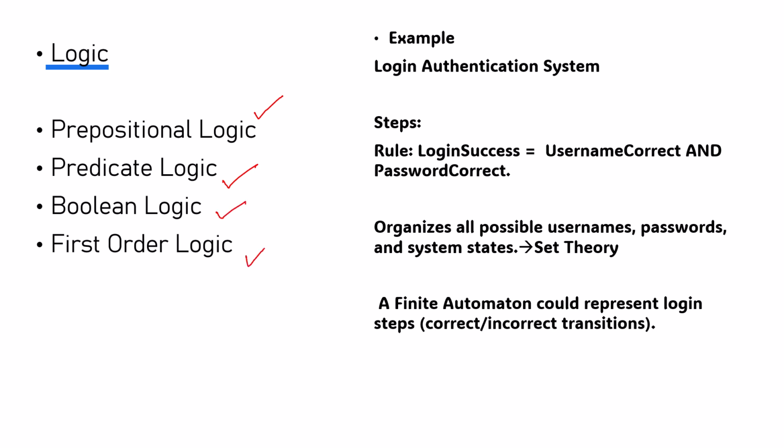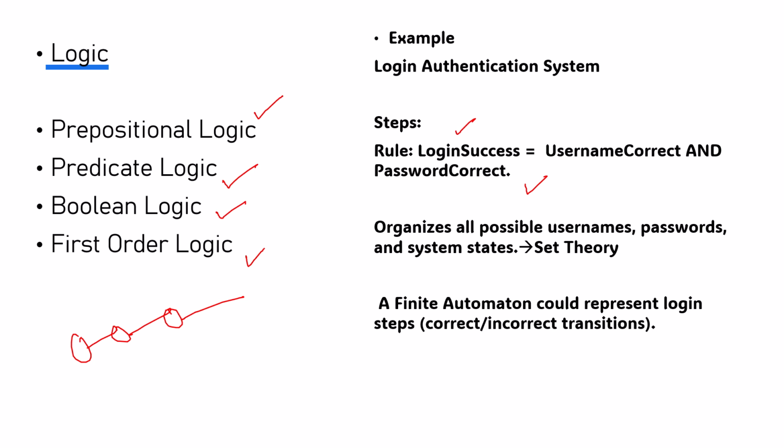This is one more example, the same thing, login authentication systems. If the username is correct and the password is correct, the login will be a success. Also with set theory, we can organize all the possible usernames, passwords and system dates. We can represent the state by state, that is the sequence of actions.